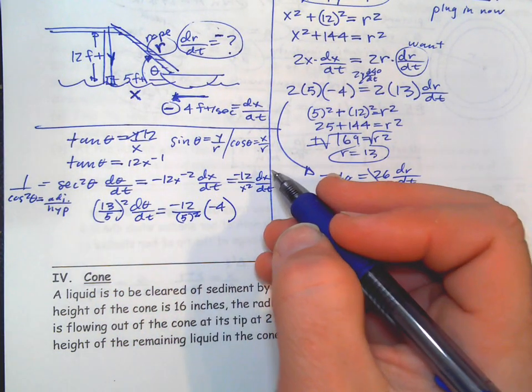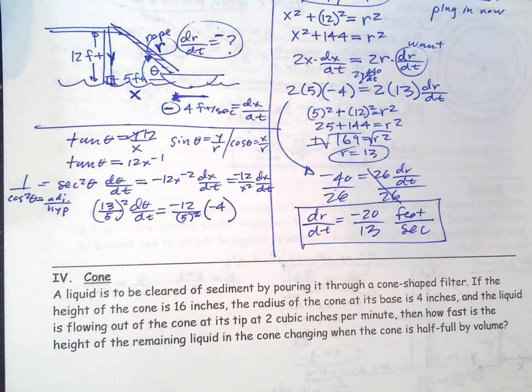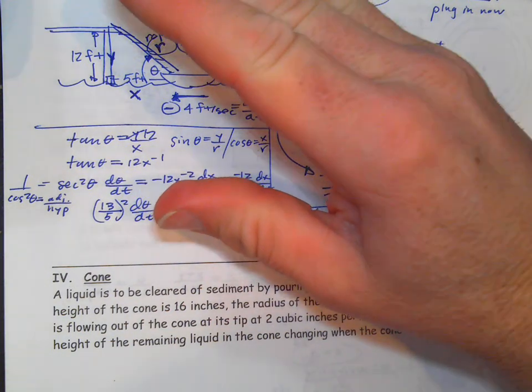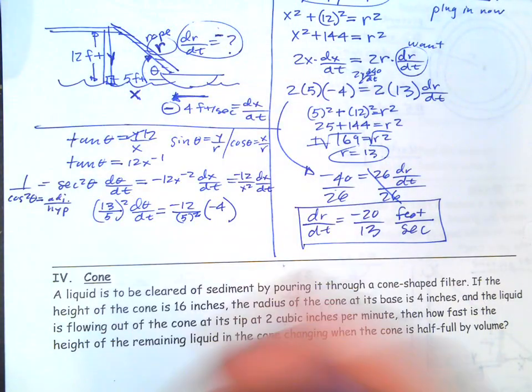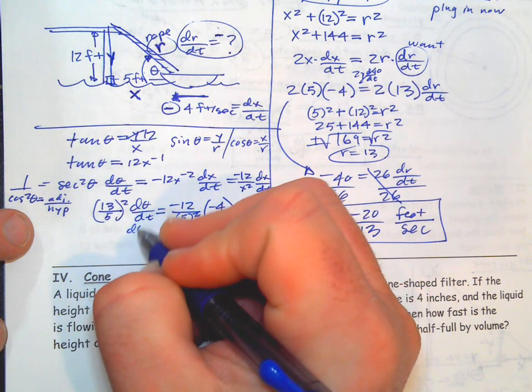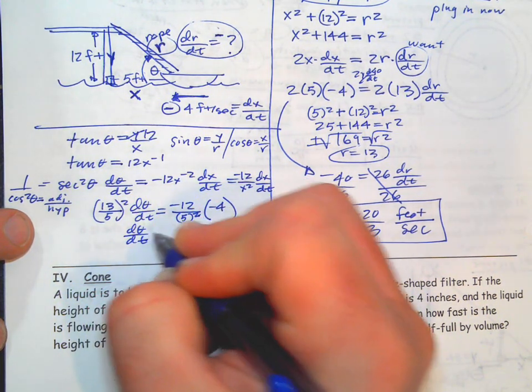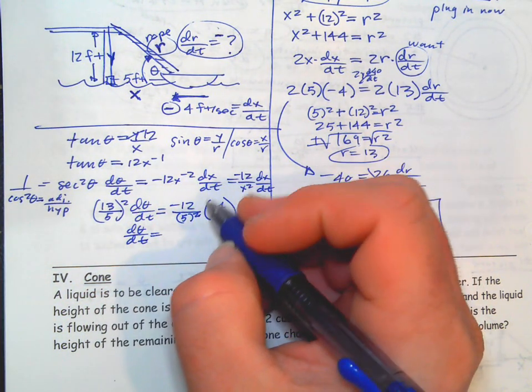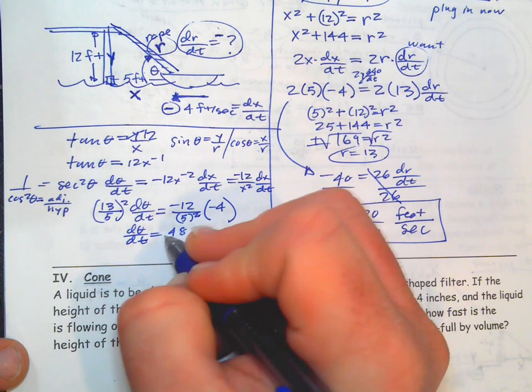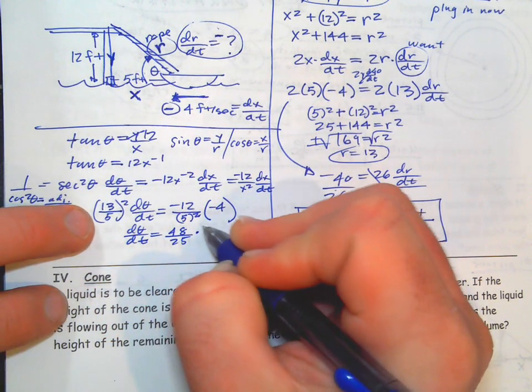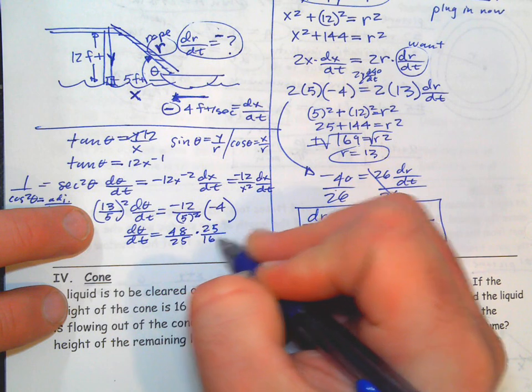Now the d theta/dt, do we expect it to be positive or negative? Is the angle getting bigger or smaller as the boat comes in? The angle is getting bigger. So we should get a positive answer. d theta/dt equals positive 48 over 25 times 25 over 169.